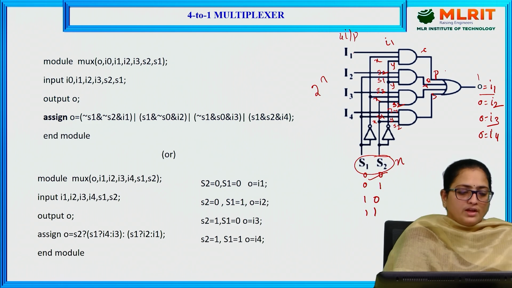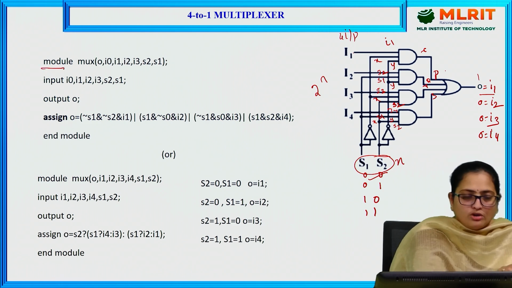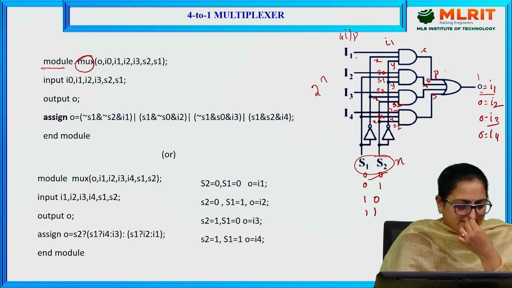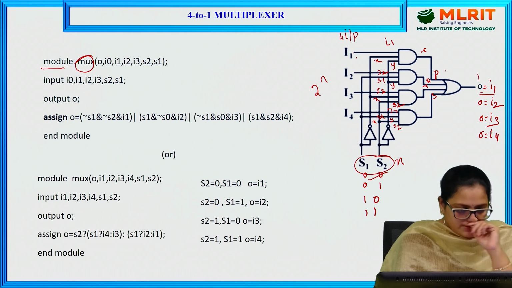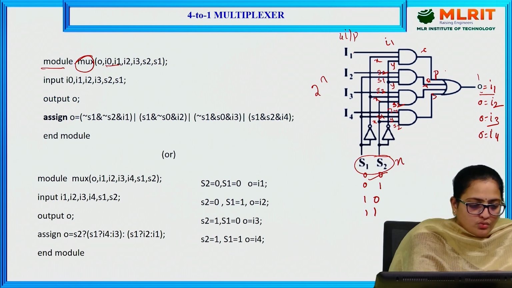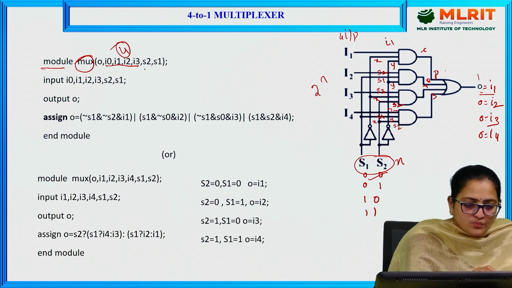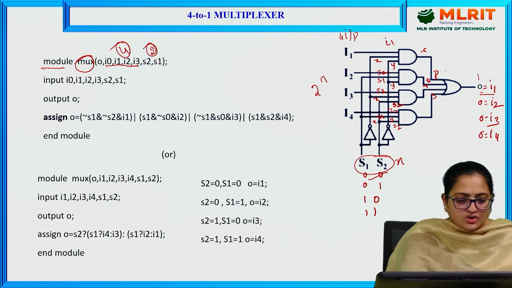The Verilog code starts with the keyword module, given the module name mux, and declaring the ports: output port O, and the input ports. Here I0, I1, I2, I3 are the 4 input ports, and S1, S2 are the 2 selection lines.